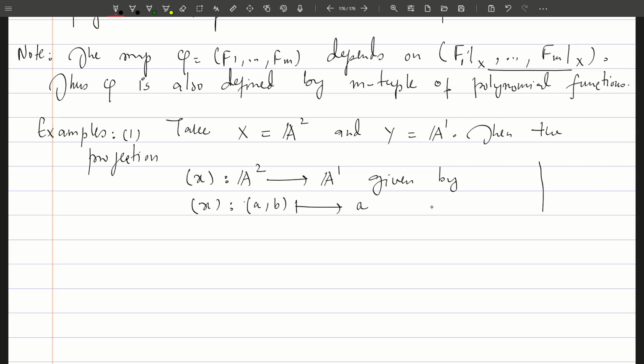So all this space is mapped to this line over here. So this is an example of a polynomial map.